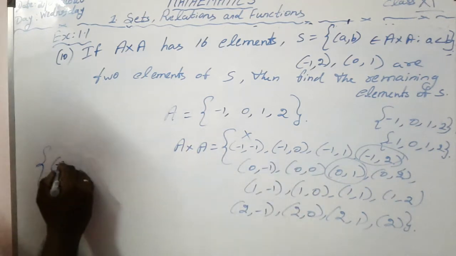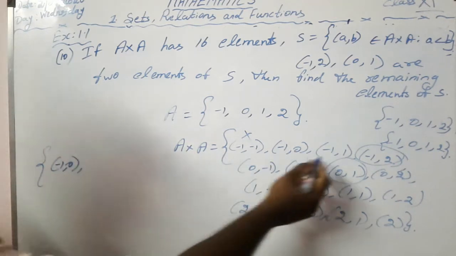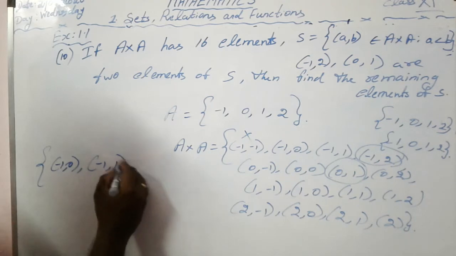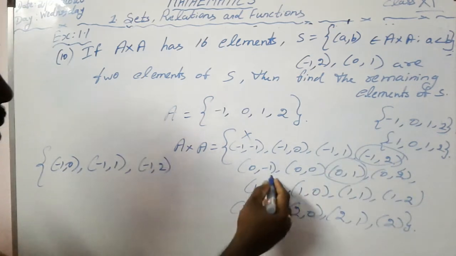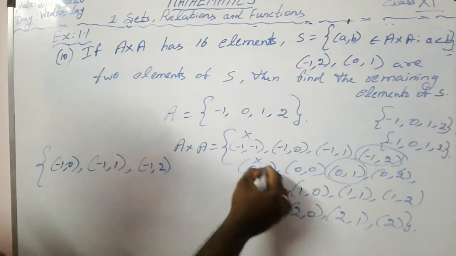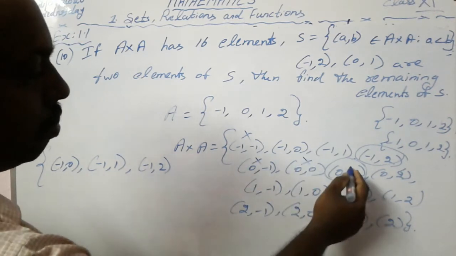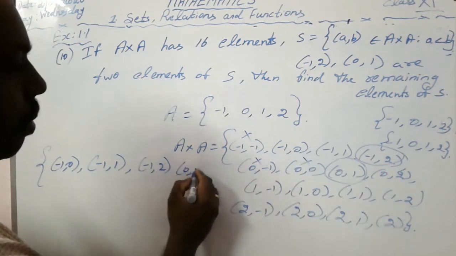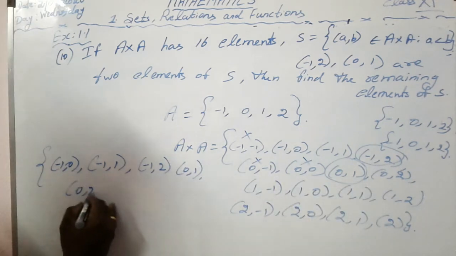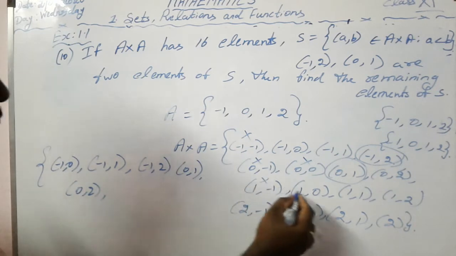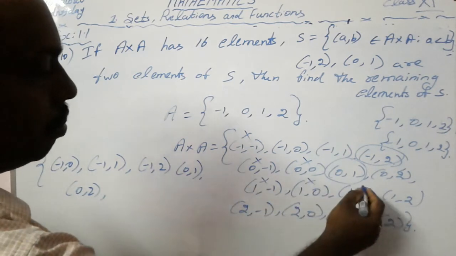So -1 comma 0, then -1 comma 1, -1 comma 2, then it won't come. Then 0 comma 1, because 0 is less than 1, no? Then 0 comma 2, it won't come.